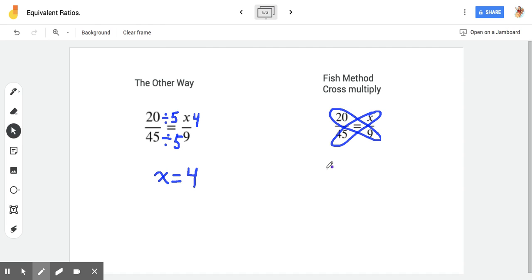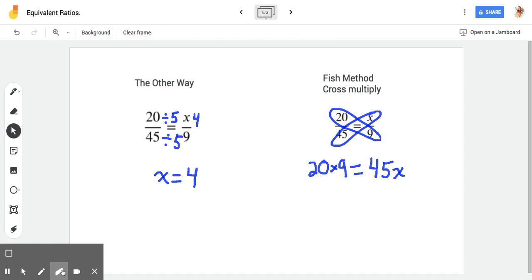So what that actually means is, according to cross multiplication, 20 times 9 is equal to 45 times x. And then we could just solve for x.